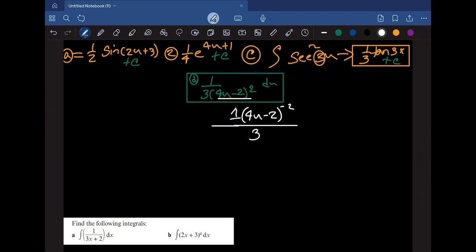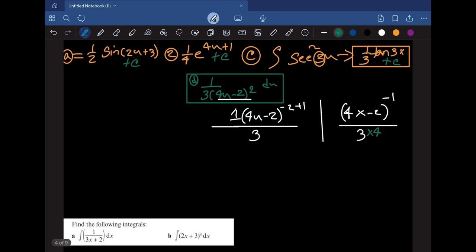So now we will integrate this. While integrating, we add plus 1 to the power, so it will become (4x minus 2) to the power minus 1. Now we will divide this whole value by the differential, so it will be divided by 4.